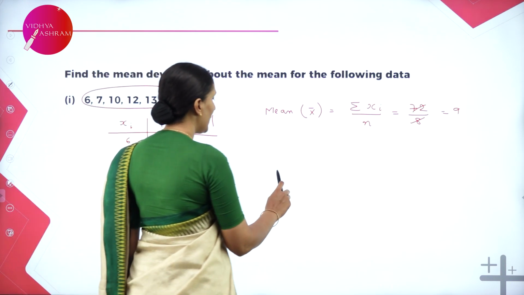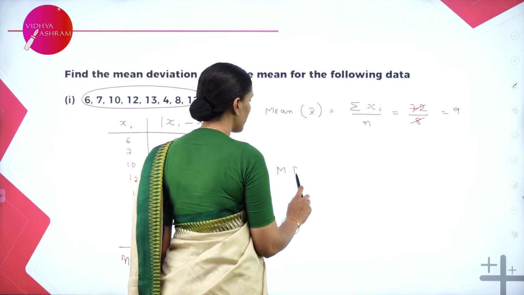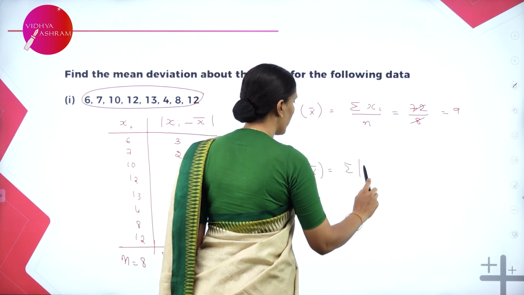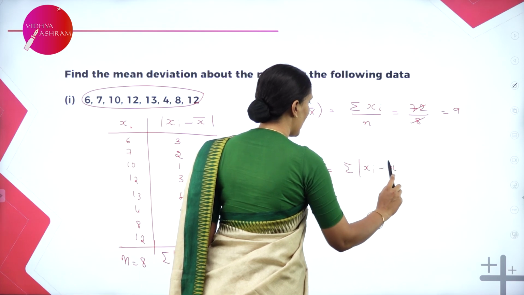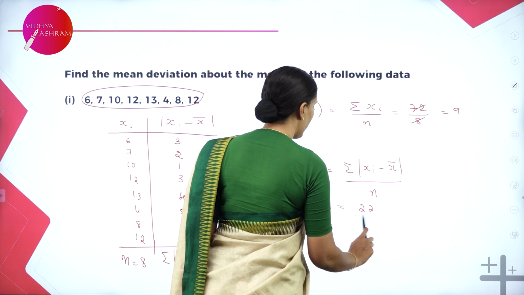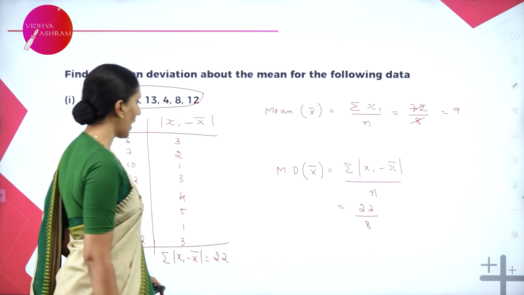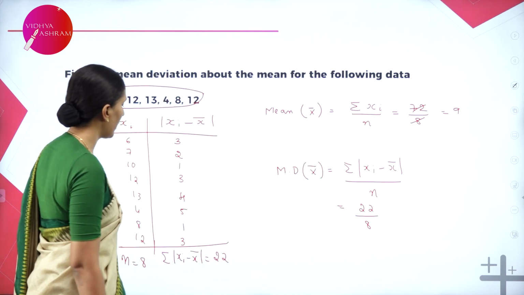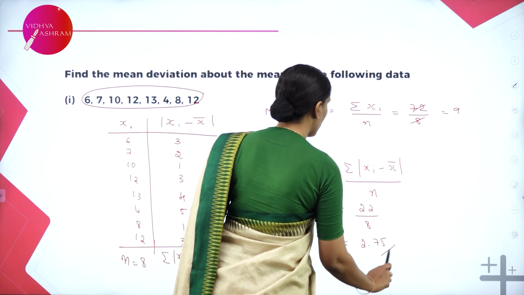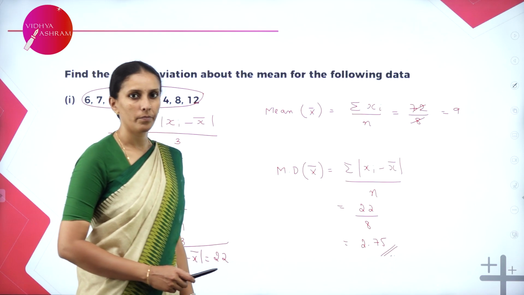So now mean deviation about mean is summation of modulus of xi minus x bar whole divided by n, that is 22 divided by 8. When you calculate 22 divided by 8, you will get the value as 2.75. So this is the mean deviation.